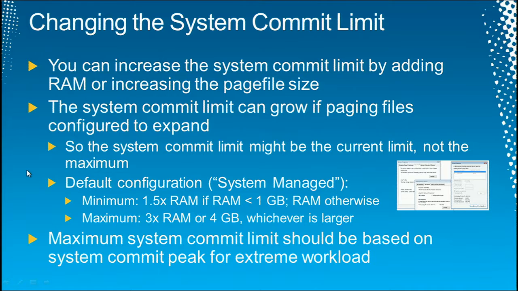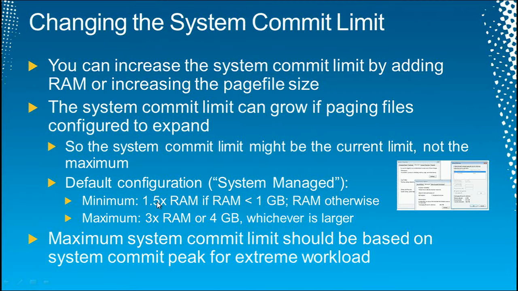So what are those sizes? Well, the default configuration for system managed, the minimum, you'd think, well, first of all, when you first get to this, you're like, system managed. I wish I knew what that algorithm was because it's probably really tricky, intricate, based on a lot of heuristics. System's watching the way the system's behaving and tuning things. What is it? 1.5x RAM if RAM is less than 1 gig, otherwise it's RAM, is the min.